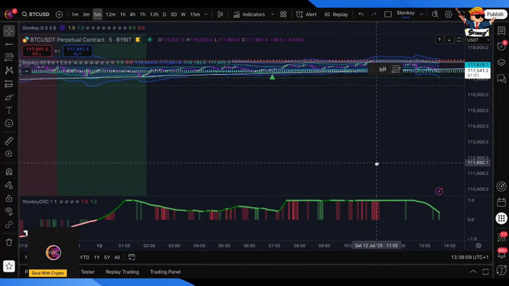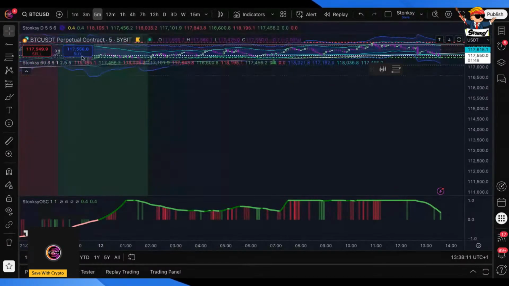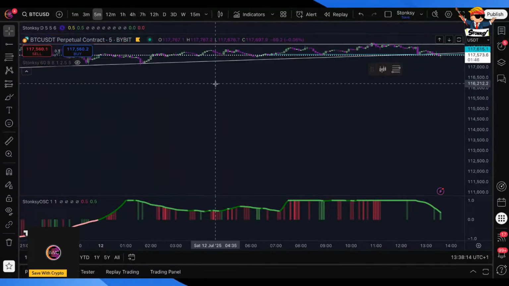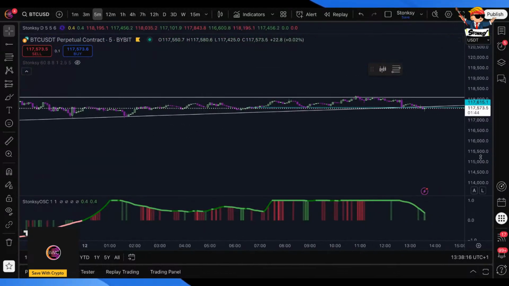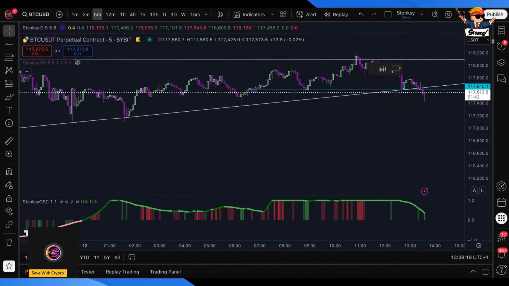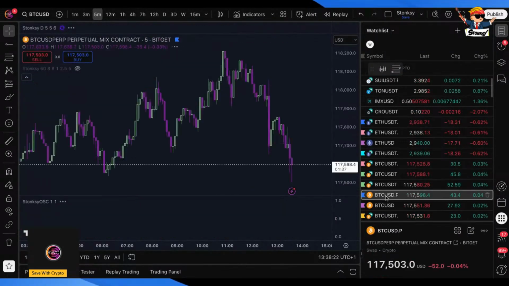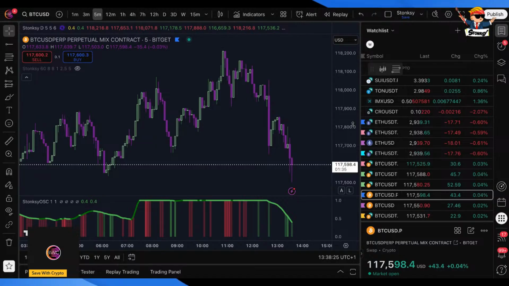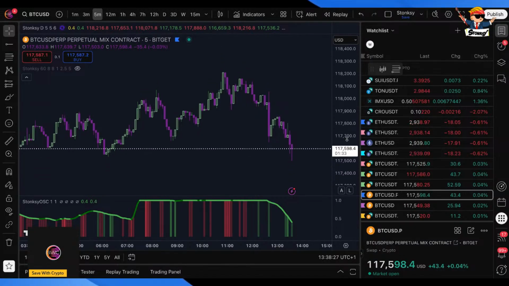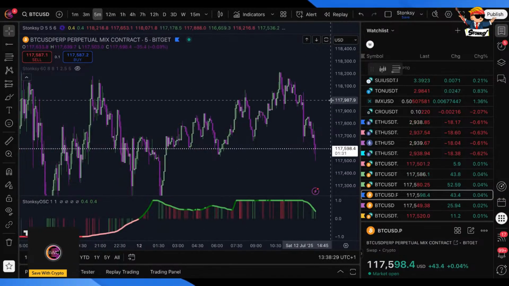Oh, looks a mess, isn't it? Let me turn Stonksy off for a moment just so I can see what I'm doing. And I'll tell you what, I'm going to go to a different chart where I haven't got that triangle. I think it's disturbing me at the moment. Okay. So 117.5, you say?